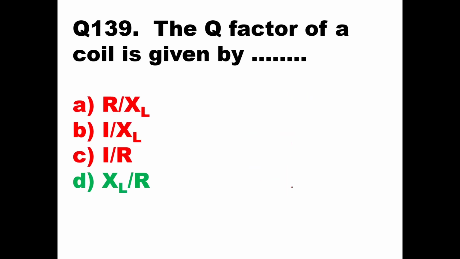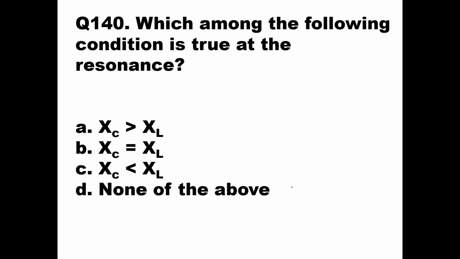Then we'll go to the next question, question number 140. Which among the following conditions is true at resonance? We know that at series resonance, the reactance of the capacitor is equal to the reactance of the inductor and they both get cancelled out, and that is why the circuit remains only with resistance, and the current will be maximum at resonance.